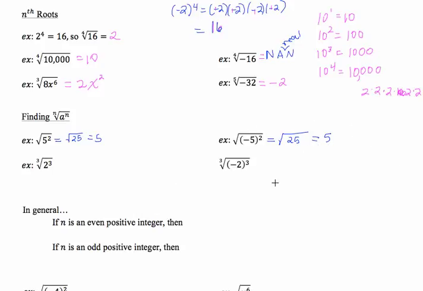In this next example, cubed root of 2 cubed, 2 cubed is 8, so you'd have the cubed root of 8, and the cubed root of 8 is 2. So they did cancel. And in this case, negative 2 cubed is negative 8, and as we know the cubed root of negative 8 is negative 2.